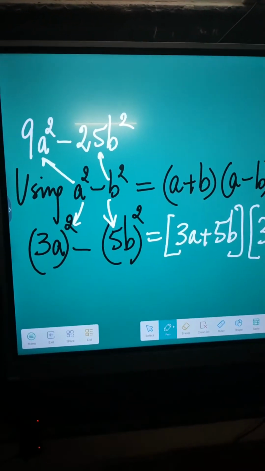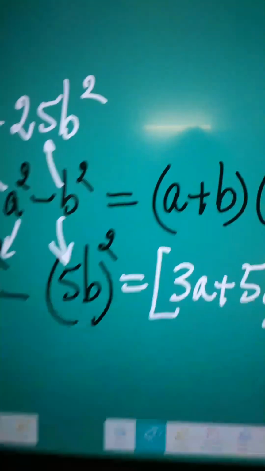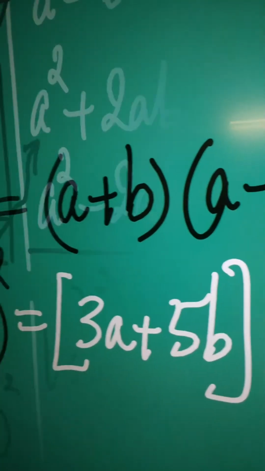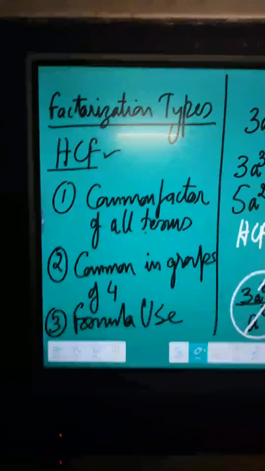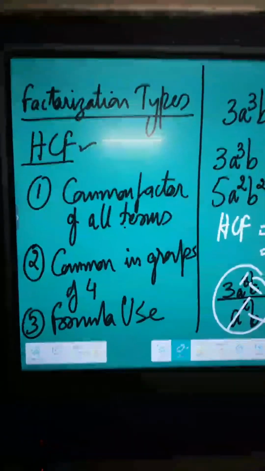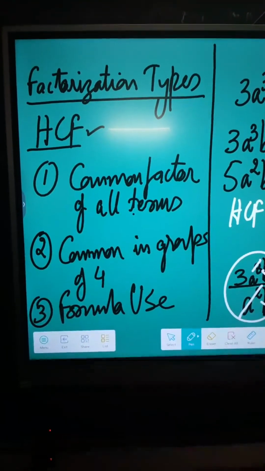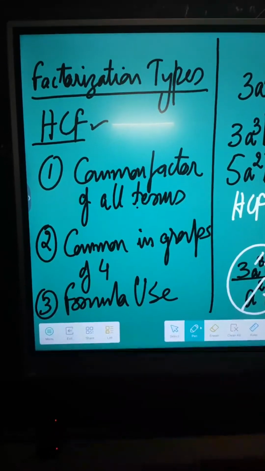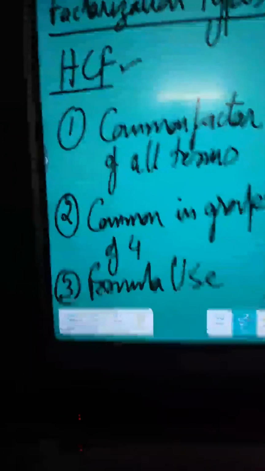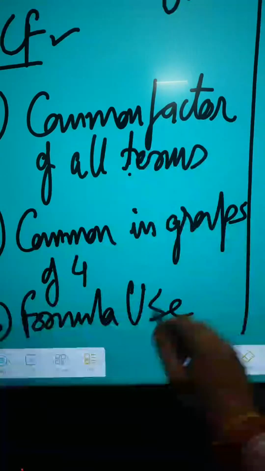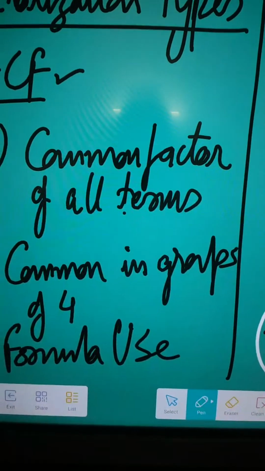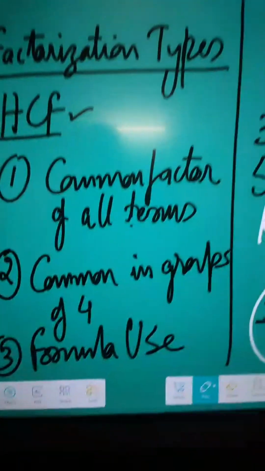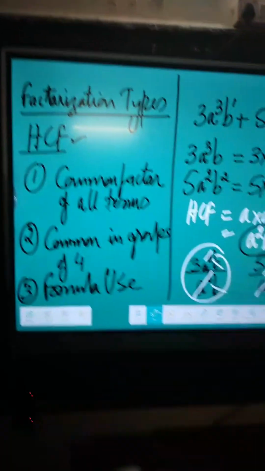Now we have done 3 methods: factorization type, common factor, common in group, and the use of formula. Now in third part, formula use, double formula use, which we will do when we get the question. So I want everyone to revise what I have explained today.